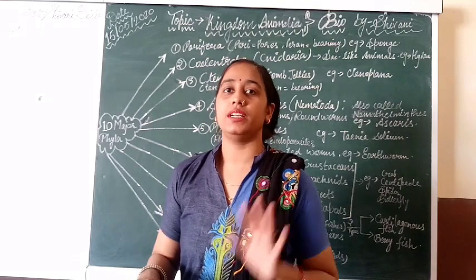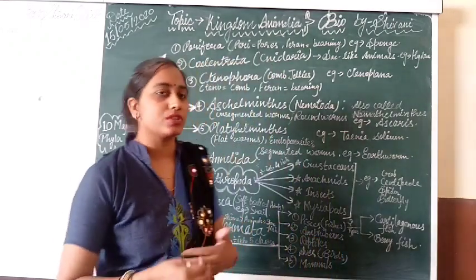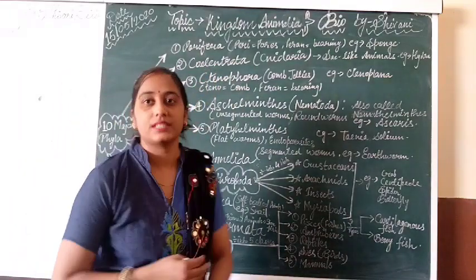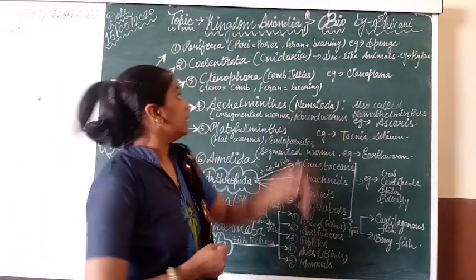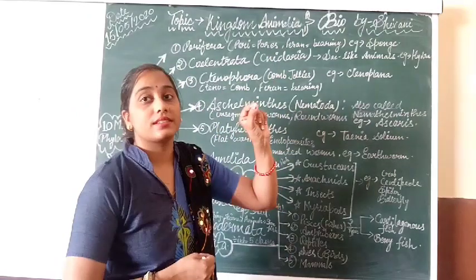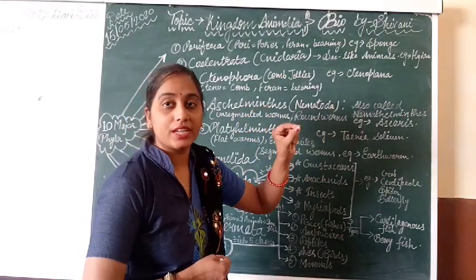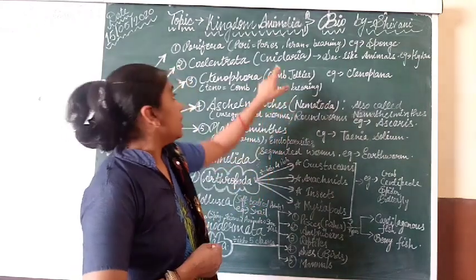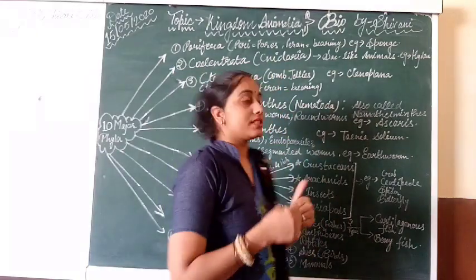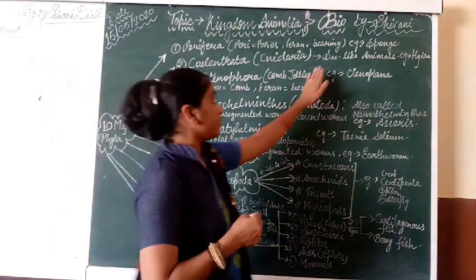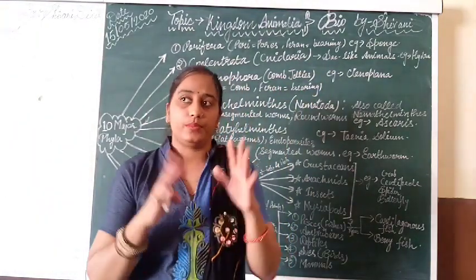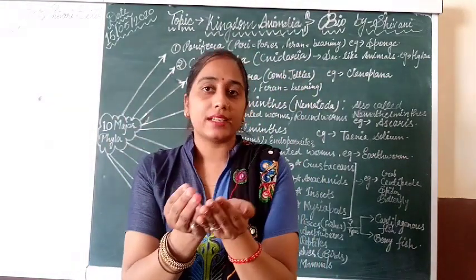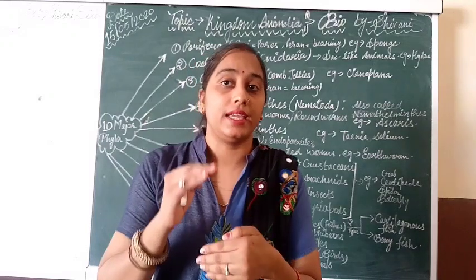Example is sponge. Let's move towards the next, that is Coelenterata. Its another name is Cnidaria. Here C is silent. We will pronounce it Nidaria. If we discuss its meaning, it has a bag-like structure, known as a sac-like structure.